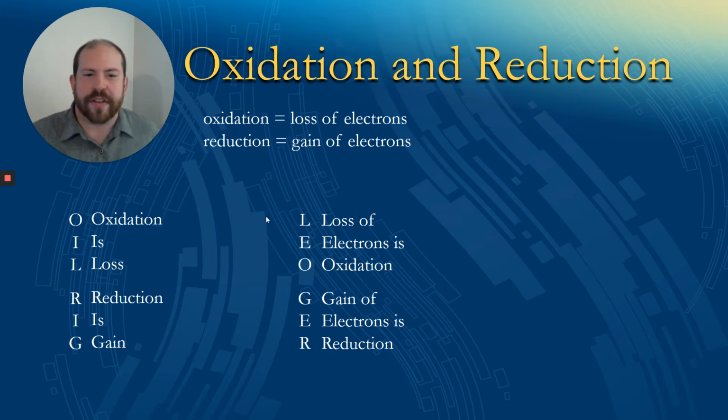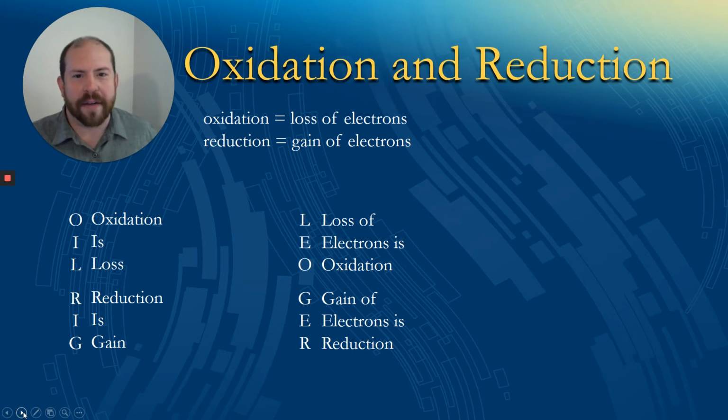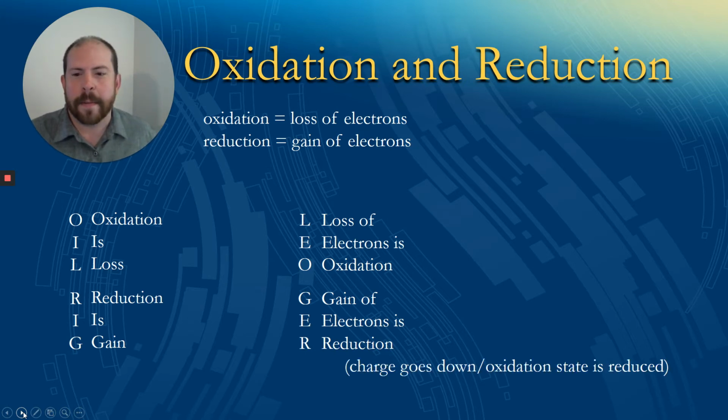The other question that comes up a lot with oxidation and reduction is where these terms came from in the first place. They actually go all the way back to the 1700s, not long after scientists first started experimenting with oxygen after it was discovered, and particularly looking at oxygen's reactions with metals, what we often call oxidation just in everyday life.